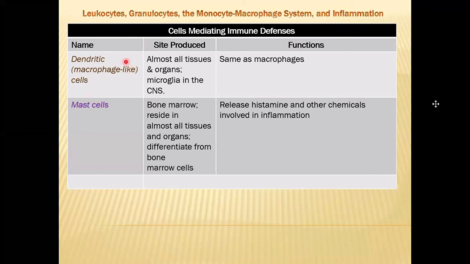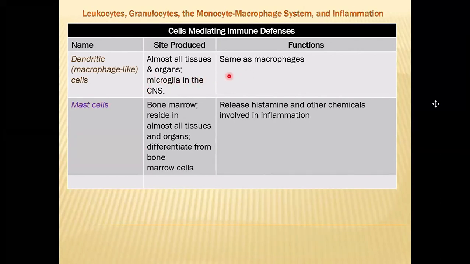Dendritic cells, these are macrophage-like cells, but they are much larger, and they are capable of phagocytizing a lot more than the macrophages. They are produced in almost all tissues and organs of the body, and one example is the microglia of the brain, of your CNS.